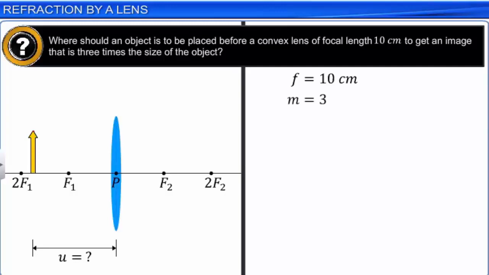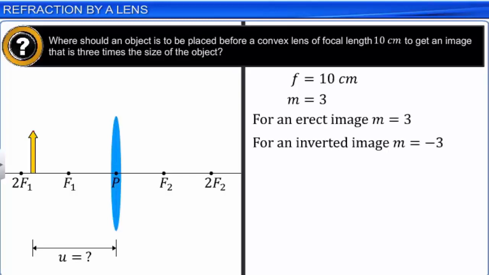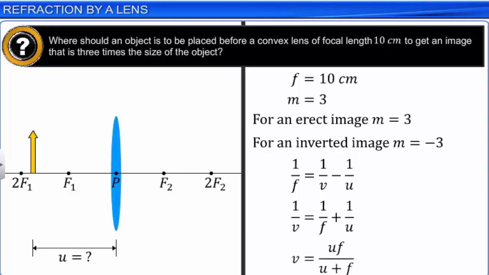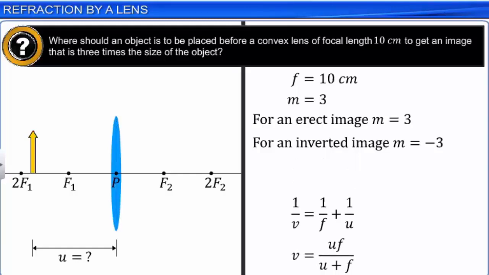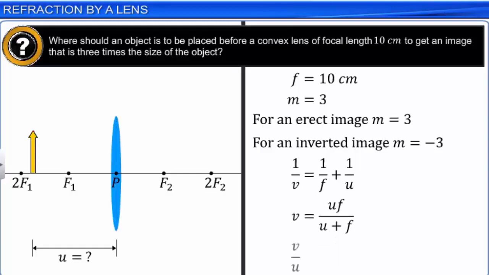As per the thin lens formula, 1 by f is equal to 1 by v minus 1 by u. On rearranging the terms, we get v by u is equal to f by u plus f. Therefore, linear magnification m is equal to v by u which is also equal to f by u plus f.